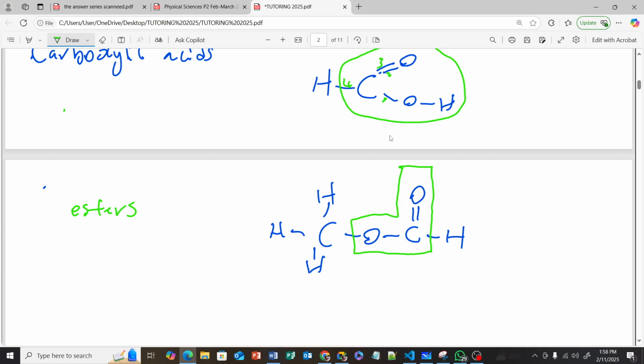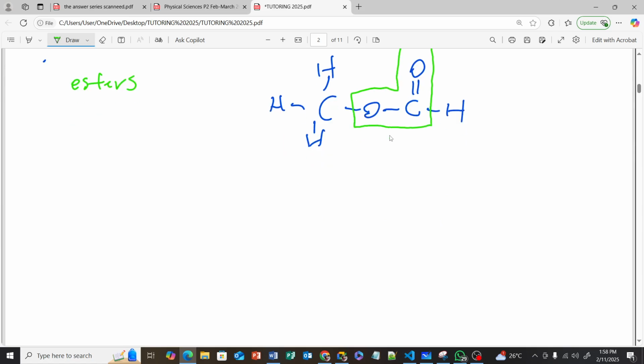Okay, now you might need to know, how do we come about the names of these particular molecules? Firstly, you must know how to characterize a chain. A chain, we talk about the number of carbon atoms a specific molecule has.